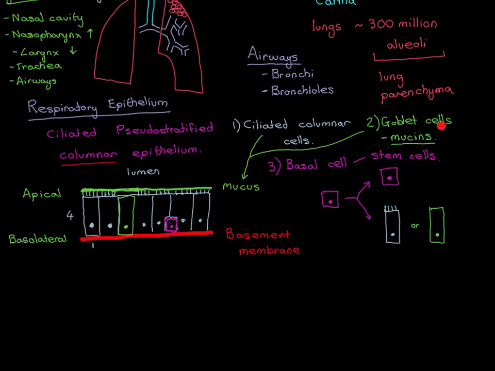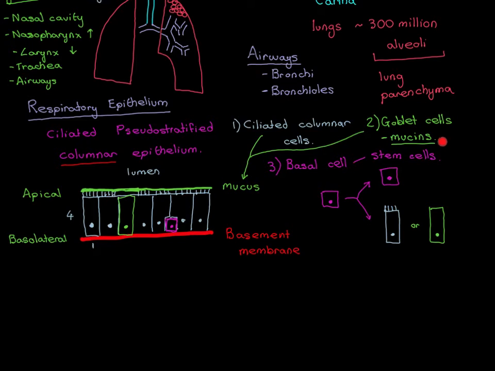Then, dotted around the place, you're also going to have these goblet cells, which are also columnar, but they're not ciliated. Now, remember, I told you about mucus production by the respiratory epithelium, and I told you that it's a common misconception that the goblet cells produce all the mucus. That's not true. The ciliated columnar cells produce a huge amount of the mucus. Mucus has a huge number of different components in it. They produce a lot of the components and make a very viscous secretion.